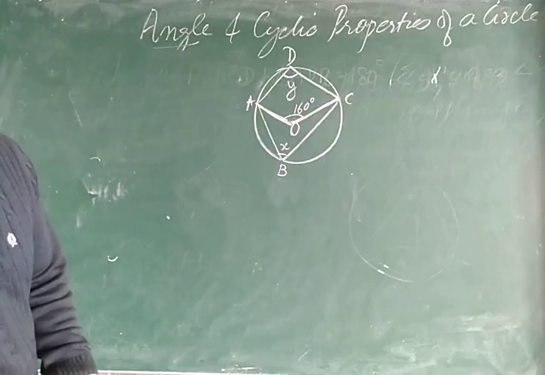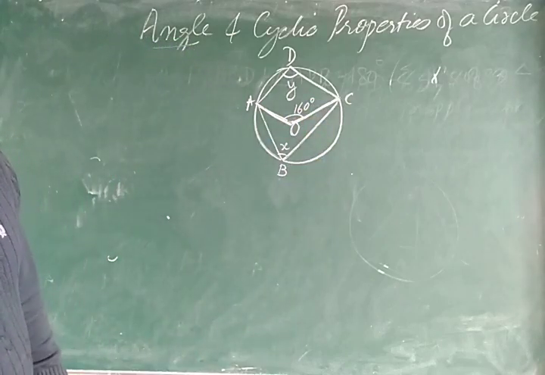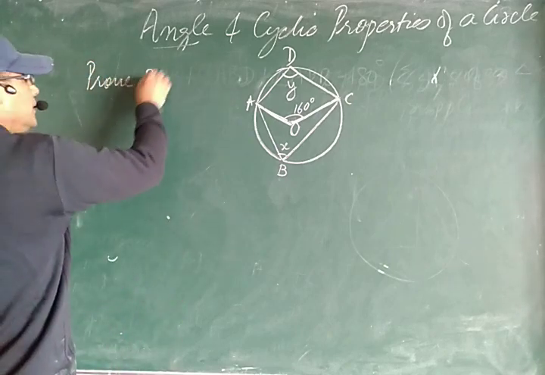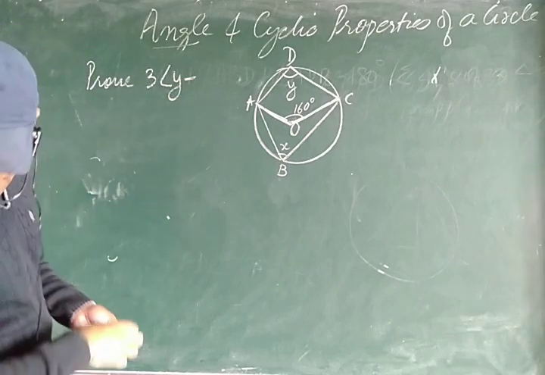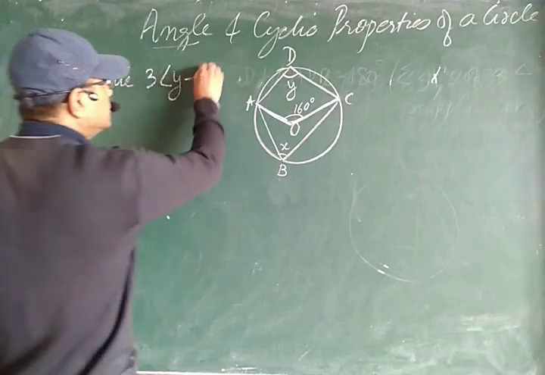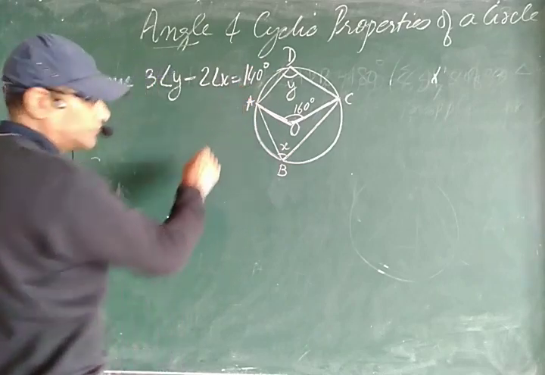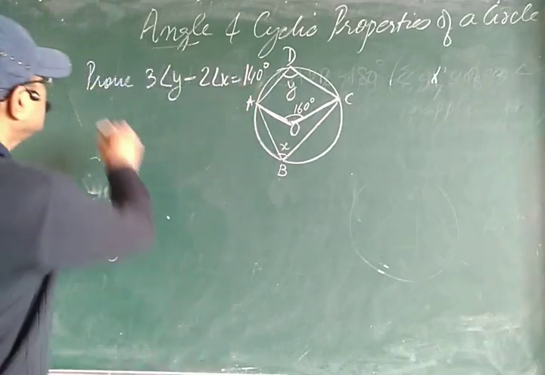What is to be proved is, prove 3 angle y minus 2 angle x is equal to 140 degrees. Okay, this is to be proved. If it's not clear, I'll write once again.